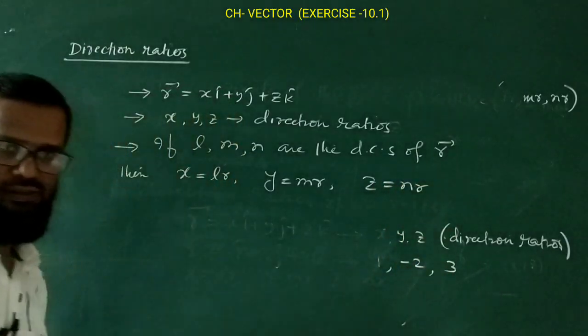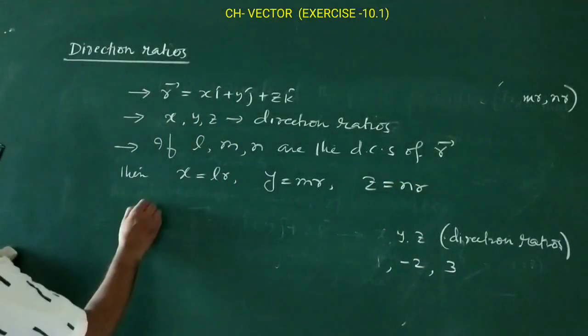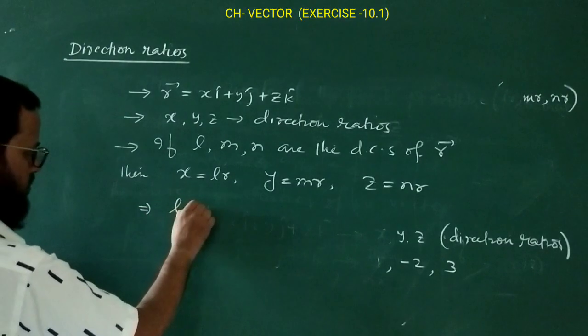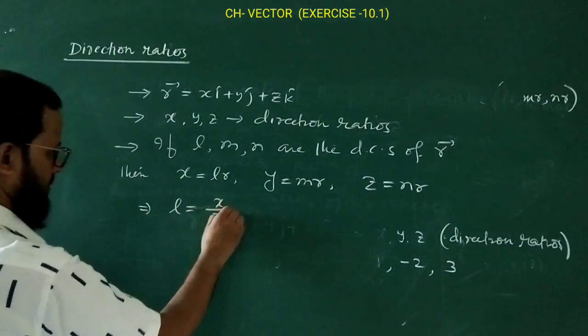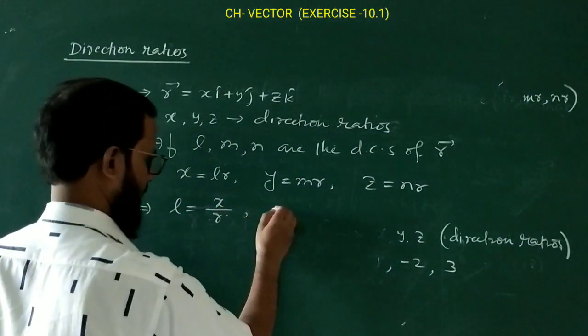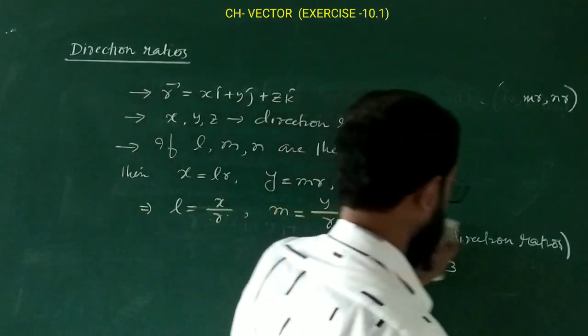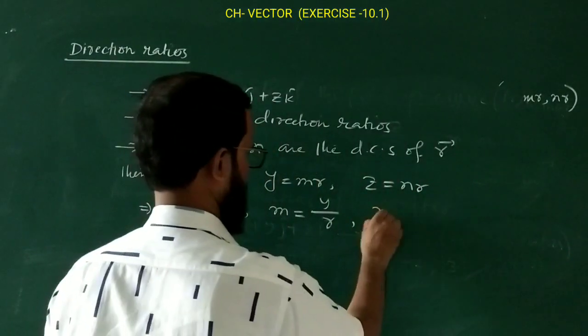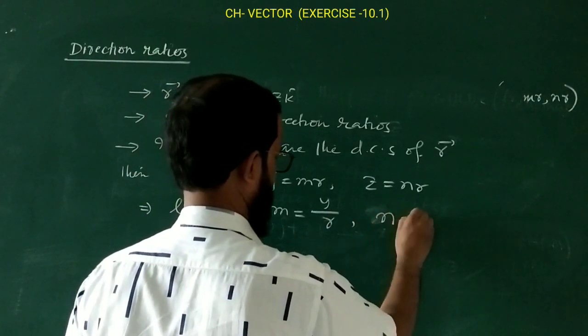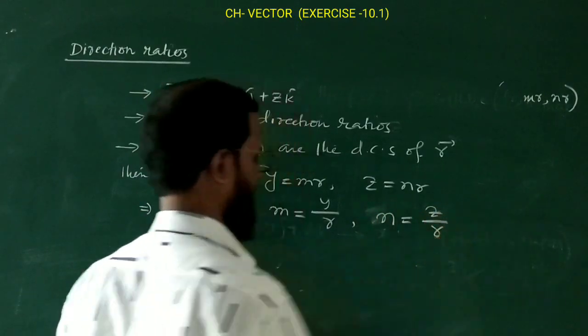Already you get this, yes or no? From here you can write l equal to x by R, m equal to y by R, and n equal to z by R, okay.